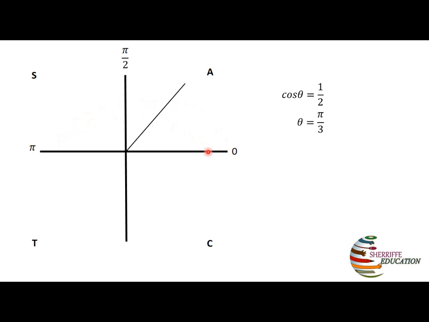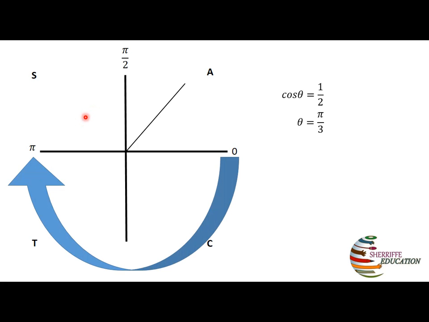So pi by 3 would fall in the first quadrant, and in the first quadrant everything is positive. So between 0 to pi, we have the first and second quadrant. Now, there wouldn't be a solution in the second quadrant because cos theta should be positive a half, and cos will be negative in the second quadrant.